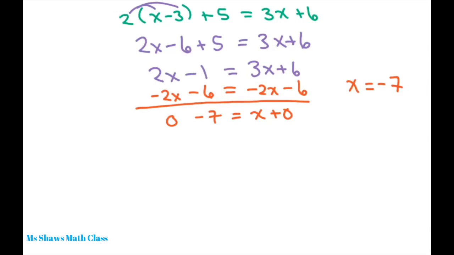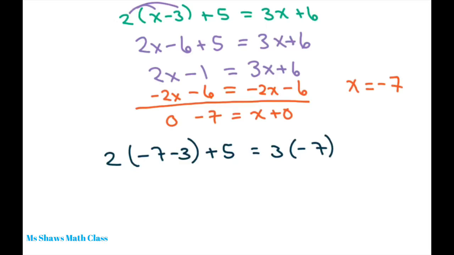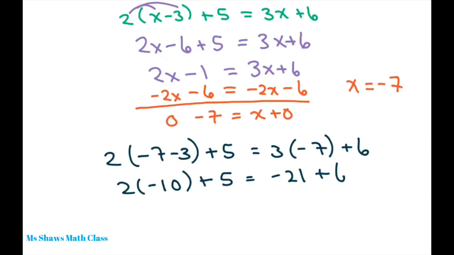All right. So let's plug it back in and check to see using substitution. Everywhere there's an x, replace it with negative 7. So we get 2 times negative 10 plus 5 equals negative 21 plus 6.